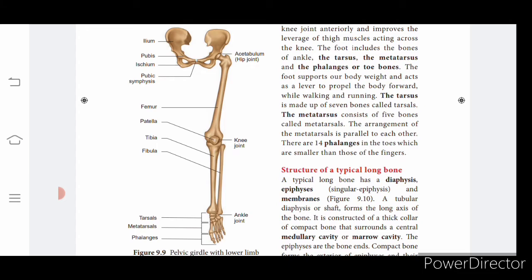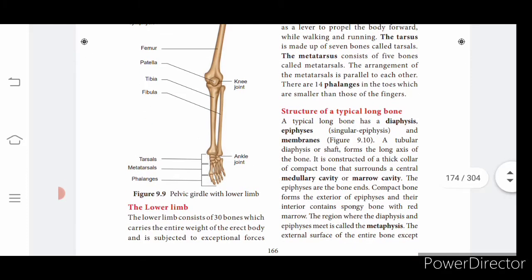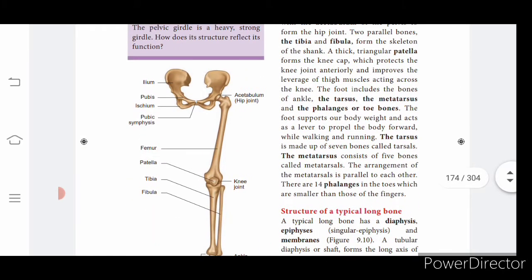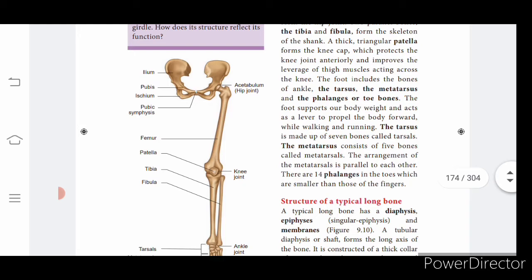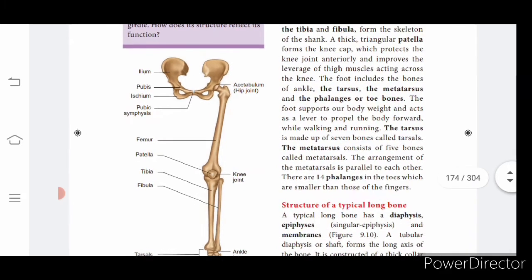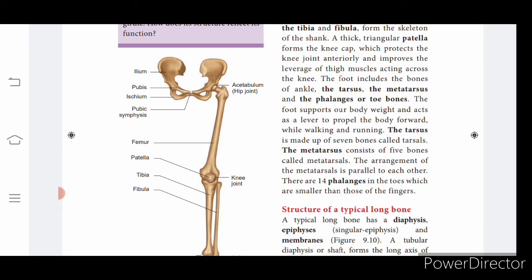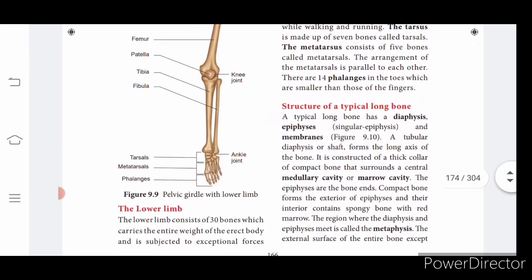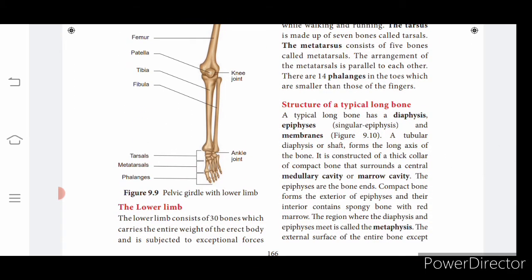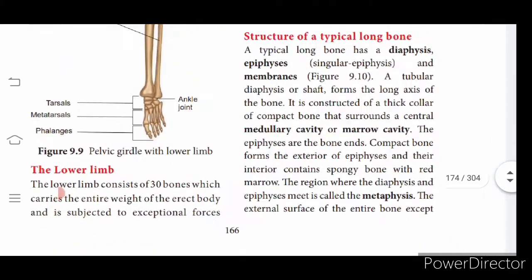Then tarsals, metatarsals and phalanges. Do you remember carpals and metacarpals we have learned? In the same way we have tarsals, metatarsals and phalanges. The patella is otherwise called the kneecap. You can go through this paragraph, and any doubt can be discussed.